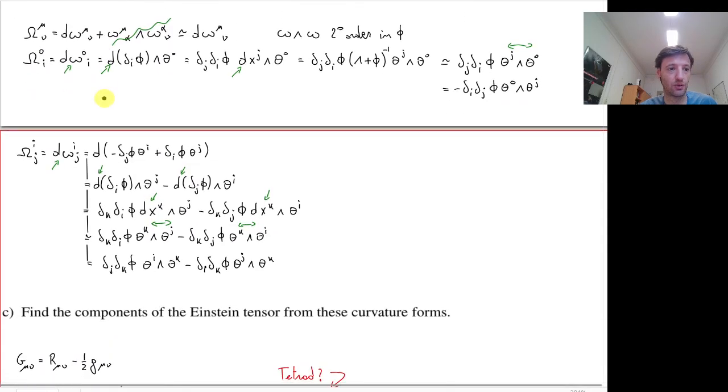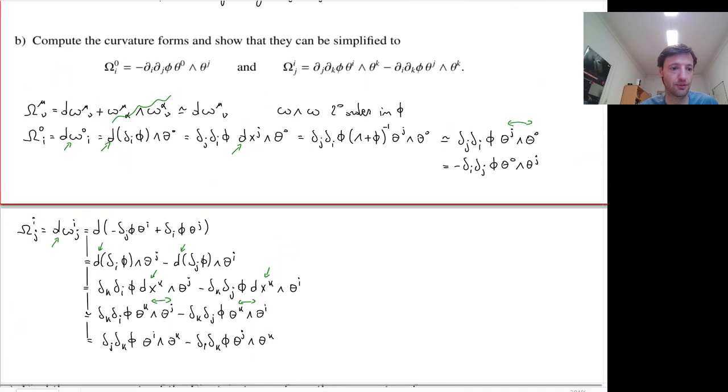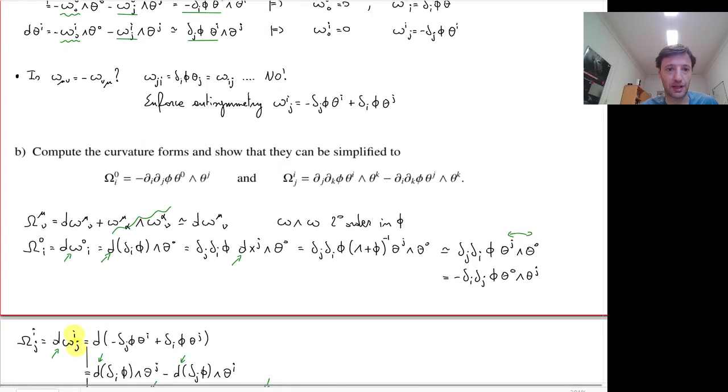Now we can continue with the e j, and we do exactly the same thing. There is nothing different. So we need to compute the exterior derivative, this time of small omega e j, the spin connection components e j, which is equal to that. So we just compute the exterior derivative of that expression.